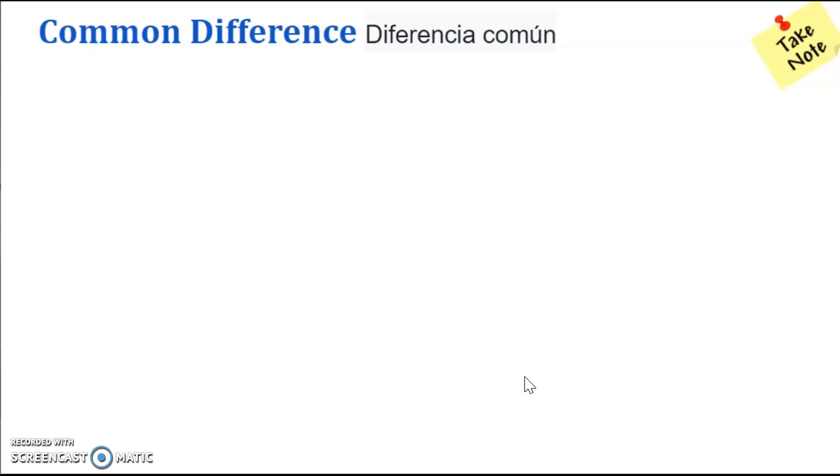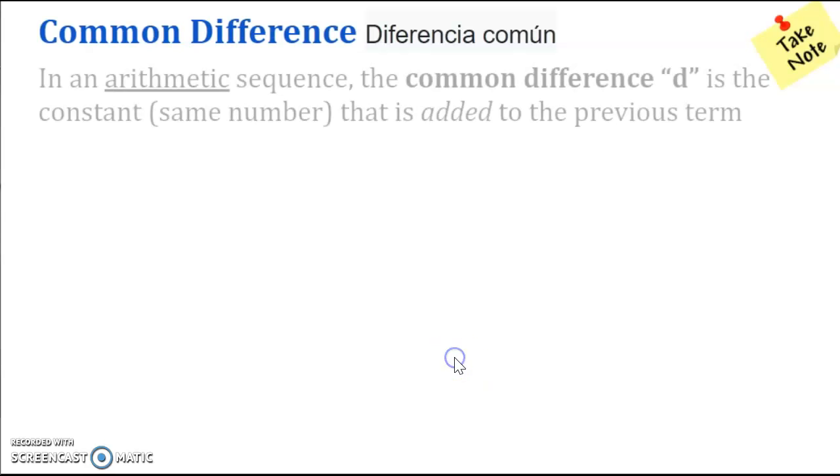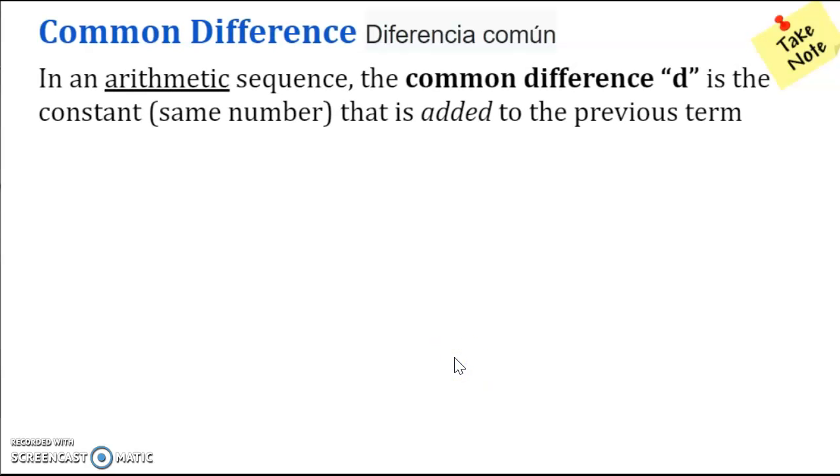Okay, so now let's talk about common difference. If you have an arithmetic sequence, okay, not for geometric, just arithmetic sequence, that means you are adding some particular number each time to the previous number to get the next number, right? Then you're going to have a common difference, and we use the letter D, which is the constant or the same number that is added to the previous term.